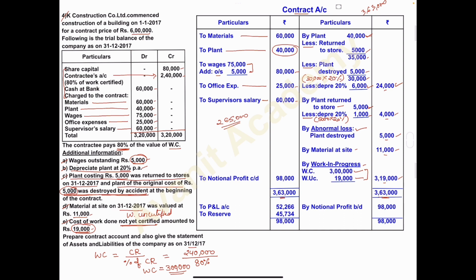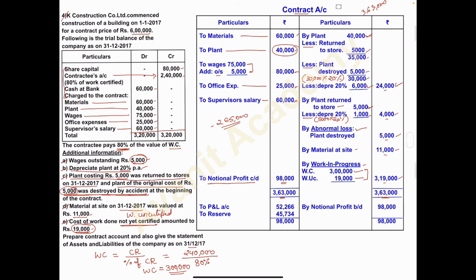From 3 lakh 63,000 minus 2 lakh 65,000, or from 3 lakh 63,000 minus 60,000, 40,000, 80,000, 25,000 and 60,000, you will get the difference amount, 98,000. This 98,000 is called notional profit. To notional profit carried down.